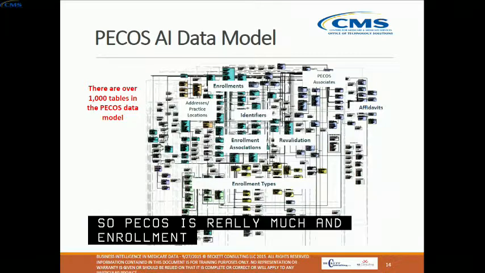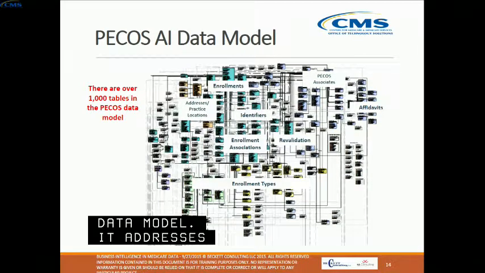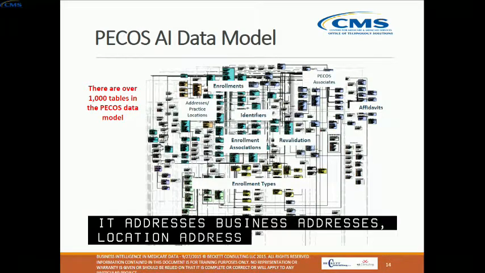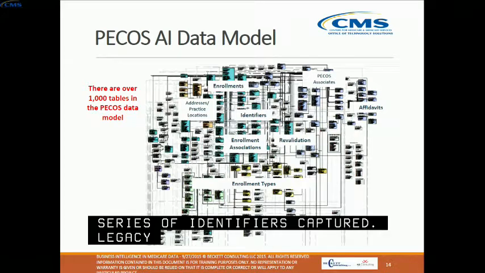You'll see there's addresses, both mailing addresses, business addresses, practice location addresses. It's a whole series of identifiers captured, legacy identifiers and current identifiers associated with an enrollment. And there's associations.